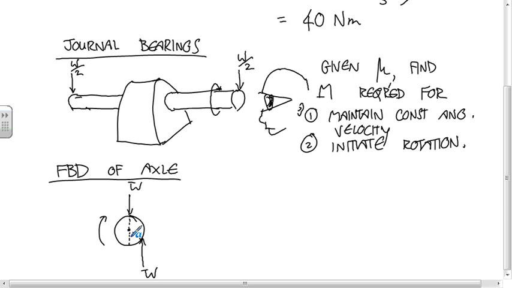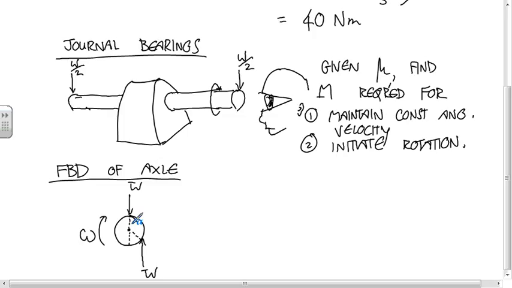Think of it like this: you know that friction from the bearing is going to slow down the motion. So if the rotation is clockwise here, the force from the bearing has to move in the direction that provides the opposite moment. You can see it here: if you apply this force here, it has the tendency, if your about point is the center of the axle, to rotate it the other way and to stop the motion.